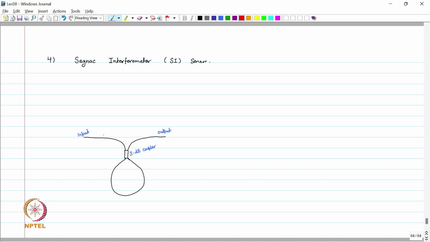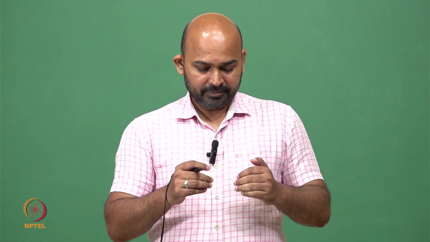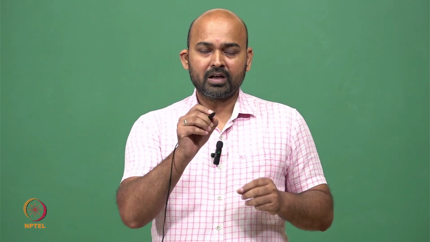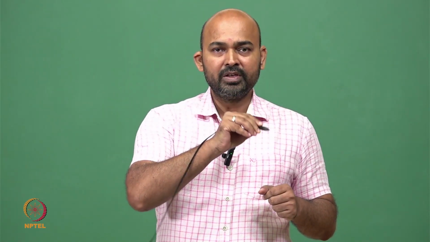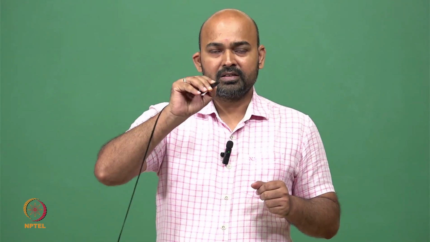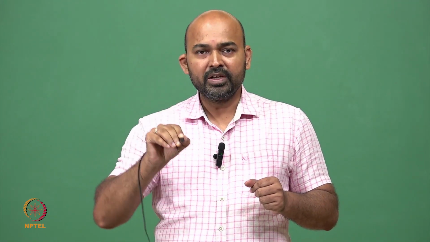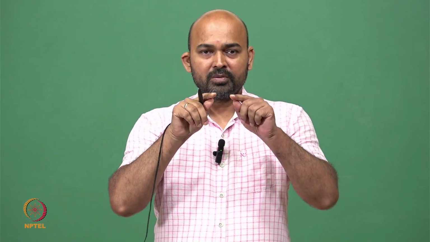Now from the input, let's say one wave is coming here. This is split by this 3 dB coupler. Half of the wave will go in this direction, half of the wave will go in the other direction. Half the wave moves clockwise, and the other wave moves anti-clockwise.